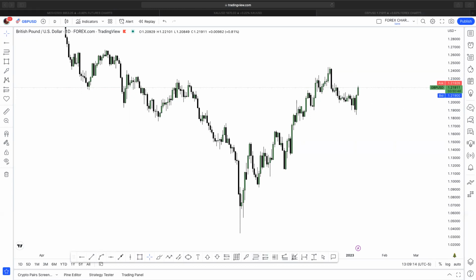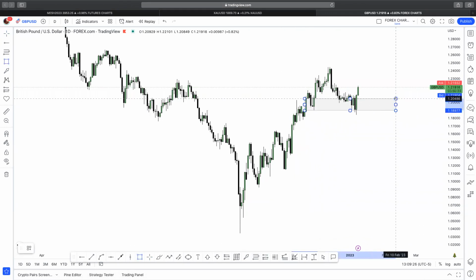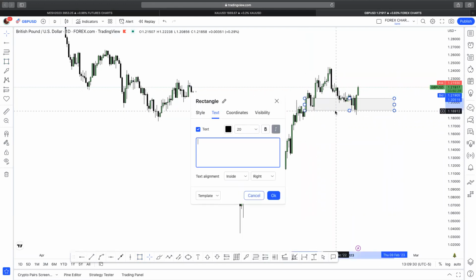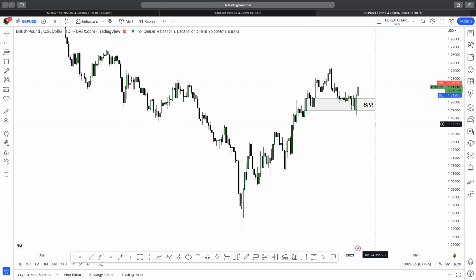I don't know if any of you were here last week when I talked about it, but long story short, I didn't expect this gap right here to be broken. Because this is, again, a BPR. A lot of BPR talk today, huh? Look at how they formed an order block inside of there.